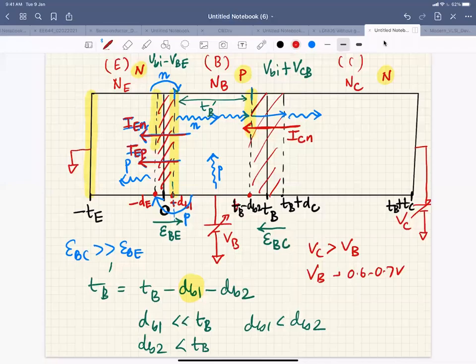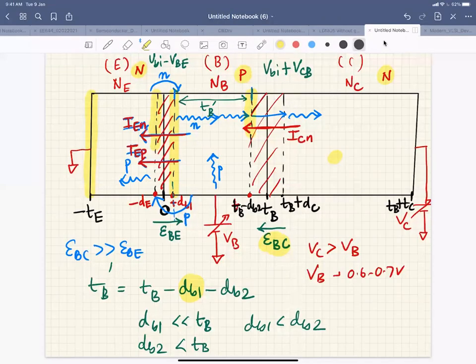Also, if you look at this reverse biased junction, there is a very high electric field across this junction, EBC, right? So I have minority carrier holes here, because this is N type.